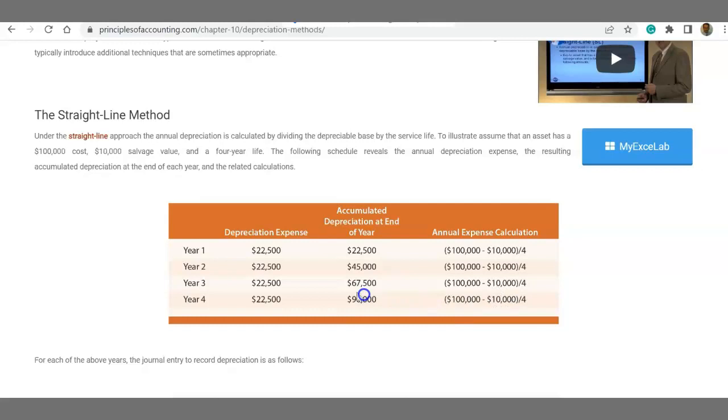So when you get to accumulated depreciation of $90,000, that's where you stop. You don't depreciate anymore because you were estimating there is a $10,000 salvage value, and that estimated salvage value will not be depreciated anymore.